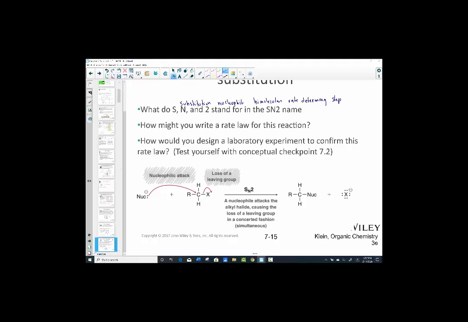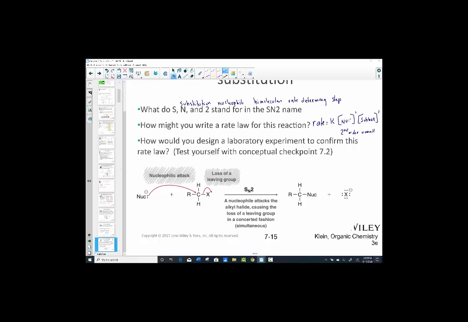So if the rate determining step involves both the nucleophile and the substrate, the rate could be written by saying rate is equal to k, that's the rate law constant, times the concentration of the nucleophile to the first order, times the concentration of the substrate to the first order, and that would be second order overall.